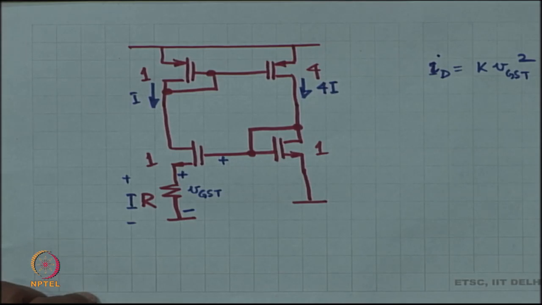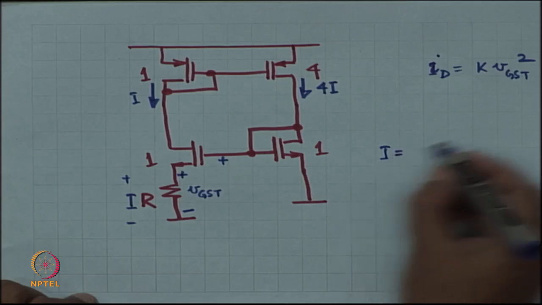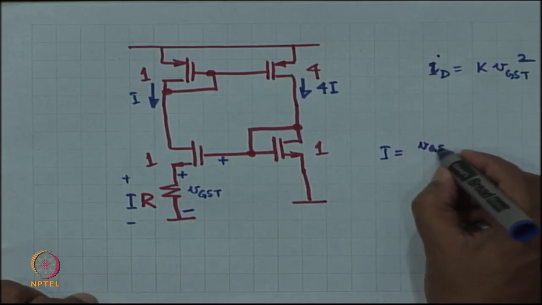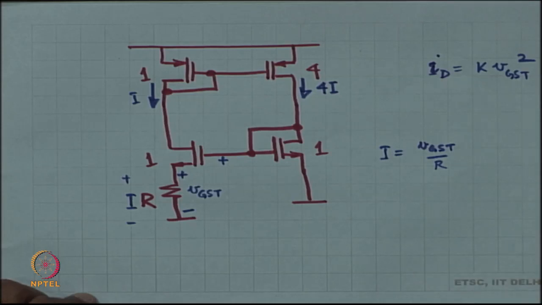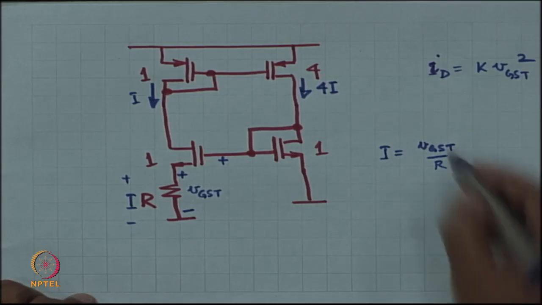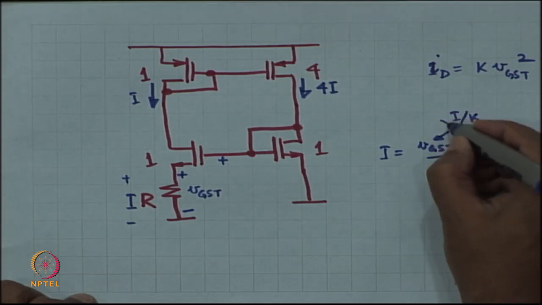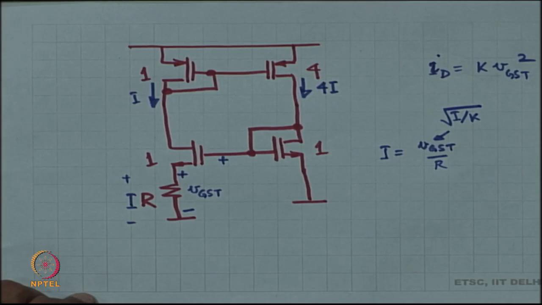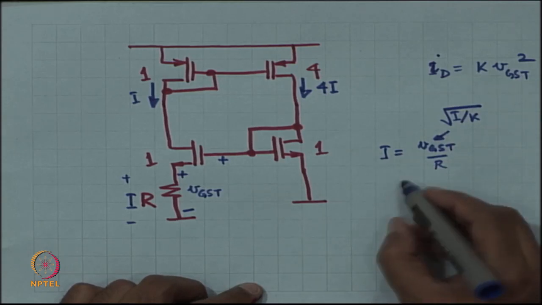Okay, which means what is I? I is VGST by R, where VGST is the square root of I by K, all right, and that gives you some current. Square root cancels out.